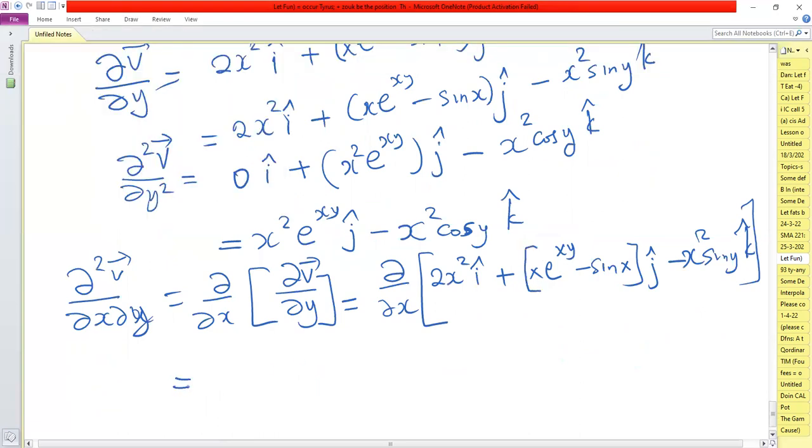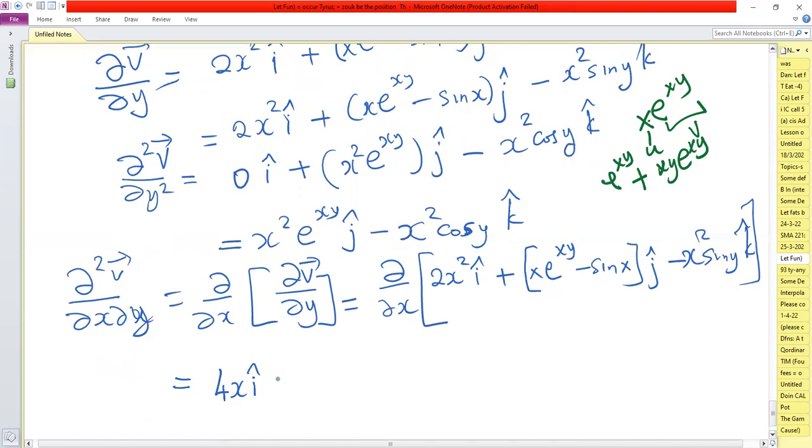So this with respect to x will give us 4x i. Now here we use the product rule. So I have x e raised to power xy. This is our u, this part will be our v. u prime is 1, so we'll have e raised to power xy plus v prime, which will be y e raised to power xy. Multiplying by u, we get xy e raised to power xy.